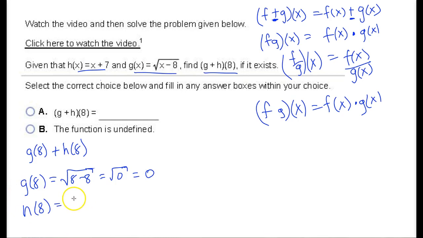H of 8, we just plug in 8 everywhere where we see x. And that ends up being 15. So here we know that g of 8, 0, plus h of 8, 15. Answer is 15. And that's how we evaluate the sum of these two functions, evaluated at x equals 8.